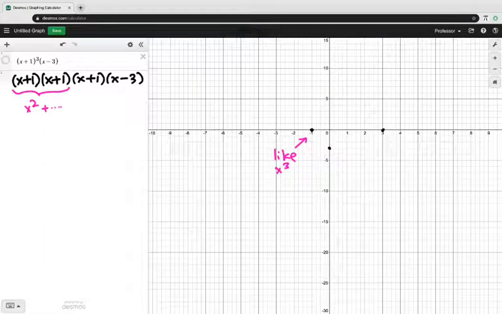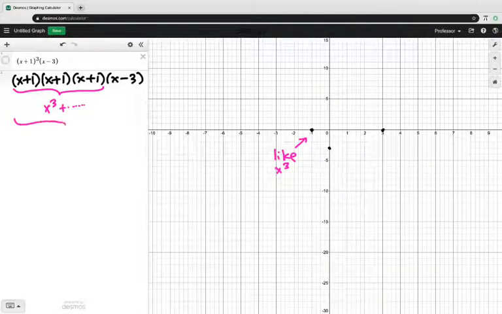And then I would multiply that x squared business times another one. And x squared times another x would give me x cubed plus a bunch of other stuff. And then I would multiply that times x minus 3, which would give me x to the 4th, plus or minus a bunch of other stuff.